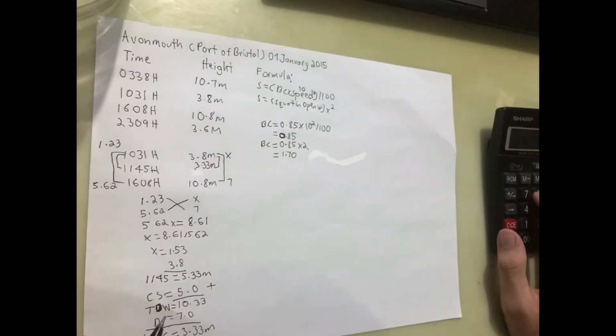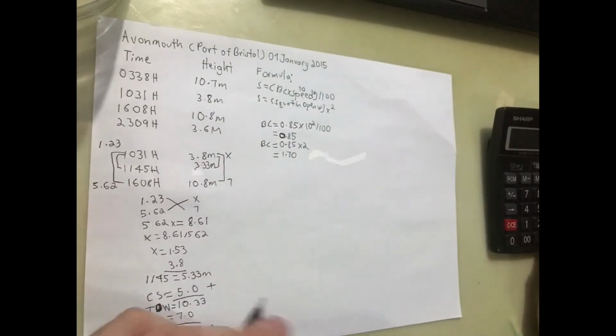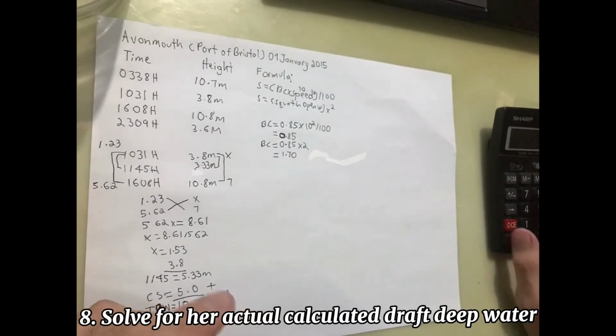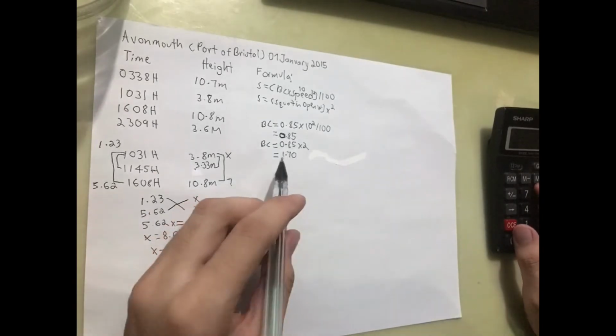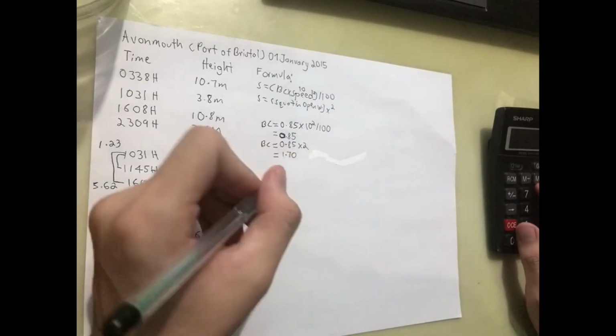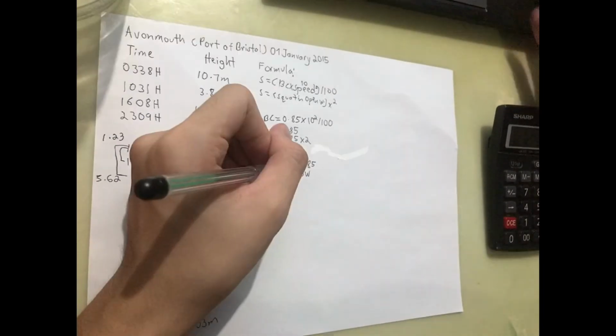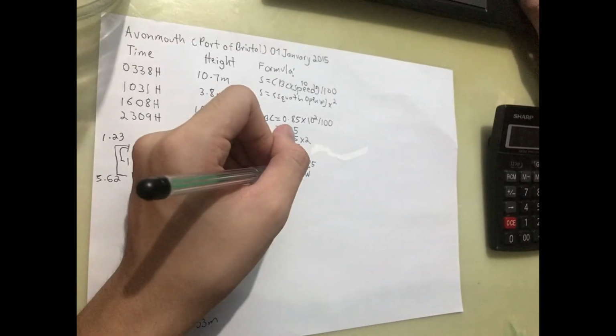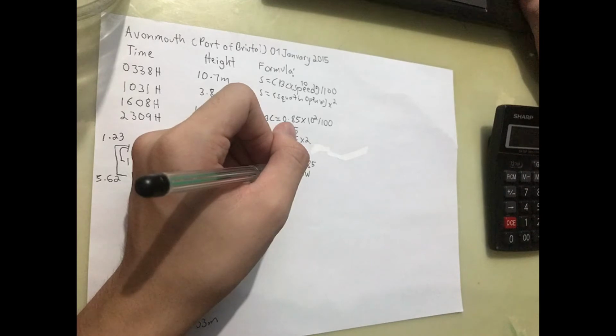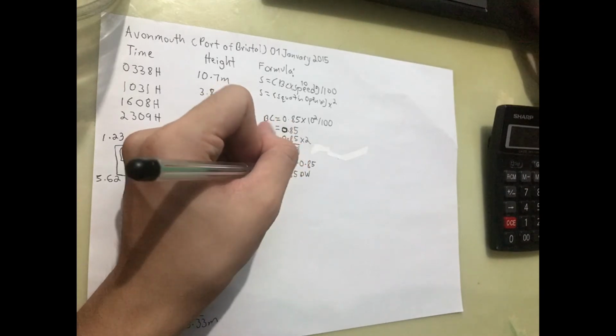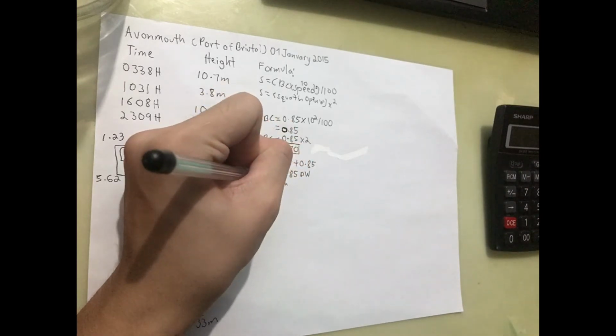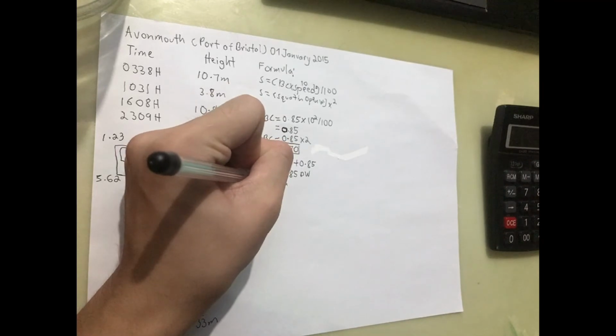So now we are going to find number 8: solve for the actual calculated draft in deep water. We already have the solution for the formula, so now we are going to solve for draft. For draft, it's just like the previous draft that we calculated, which is 7.0, and we will also use it here for the depth of the water.